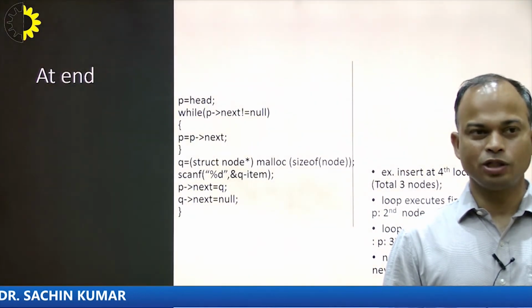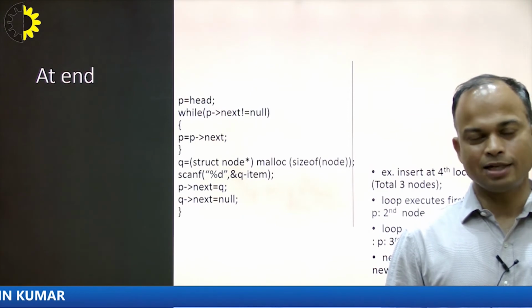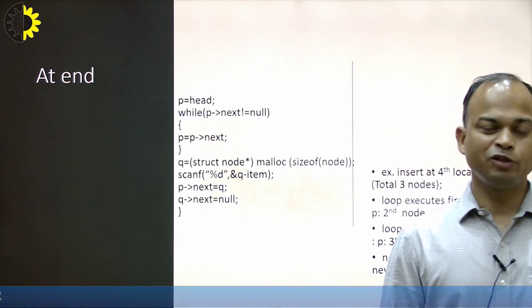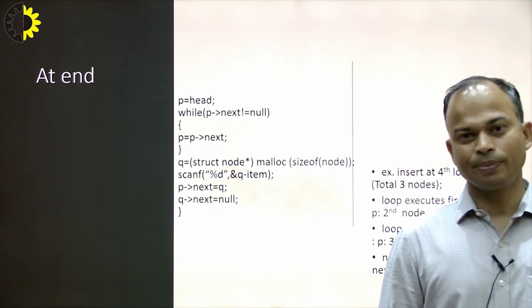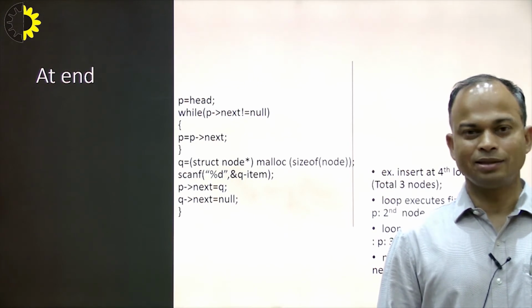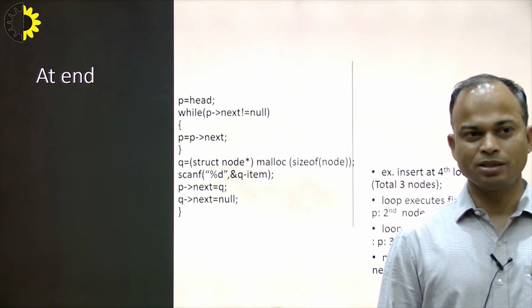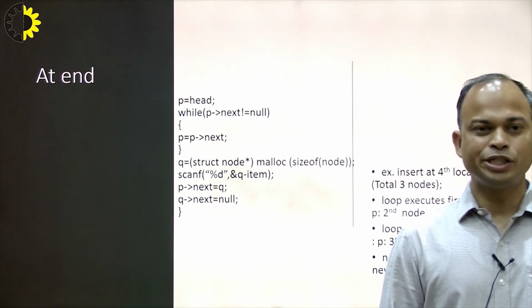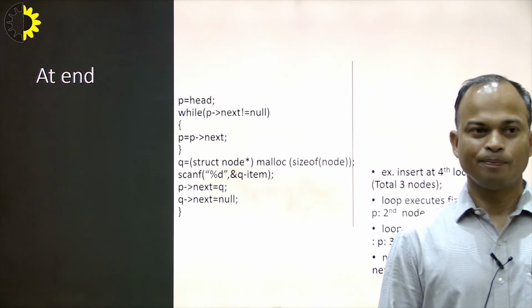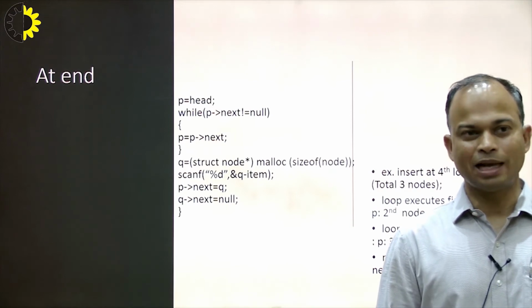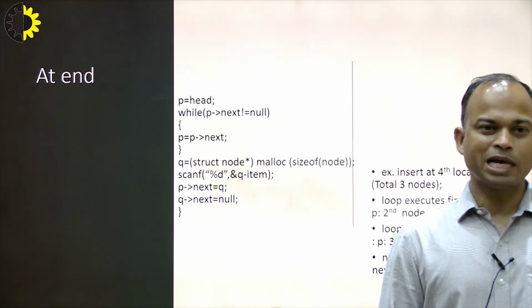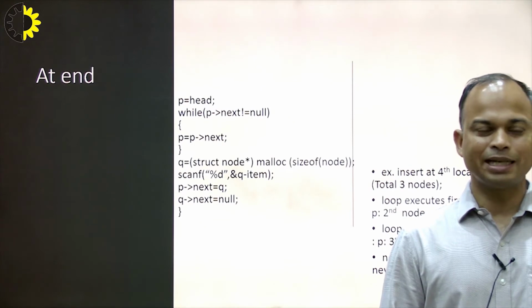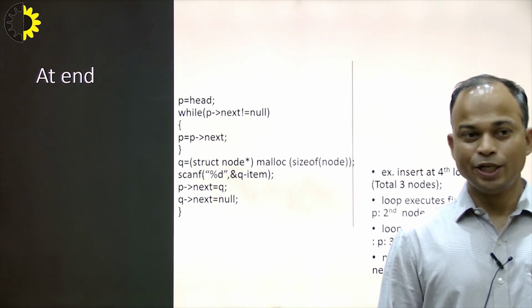This is the detailed code. P equals head. Initially P is pointing to the first node, and the loop runs until P arrow next equals null. I mean we are getting the address of the last node from this loop, and after executing this loop again and again, the pointer P contains the address of the last node. In the next line, Q equals (struct node *) malloc(sizeof(node)). Q contains the address of the new node.